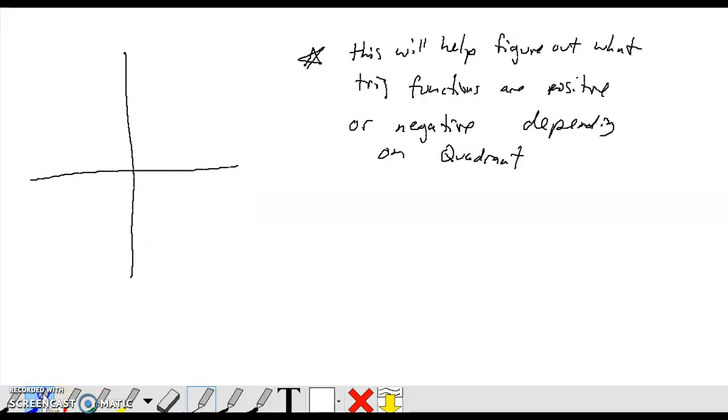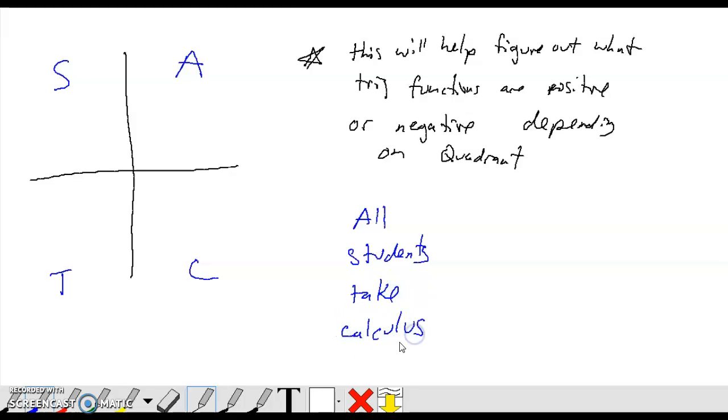All right, so here are the letters. A, S, T, C. It stands for: all students take calculus. I hope they all take calculus, but who knows? So the all, A-L-L, stands for this: everything in this quadrant is always positive.